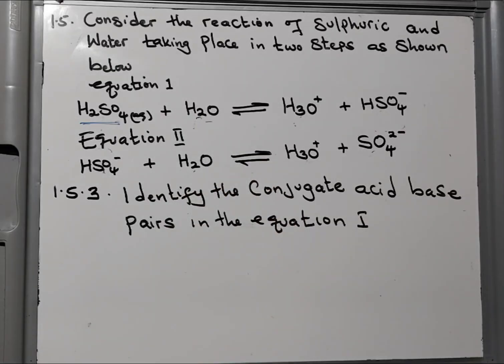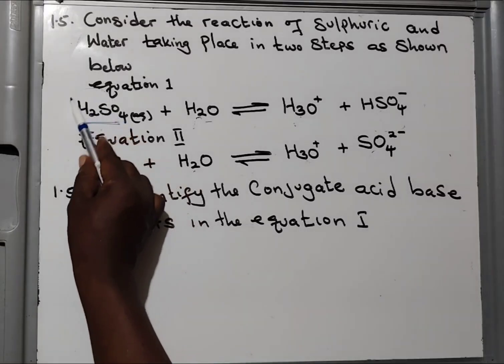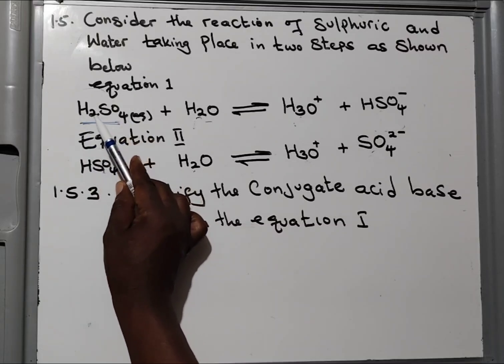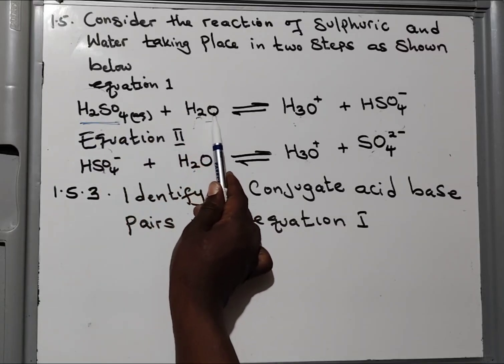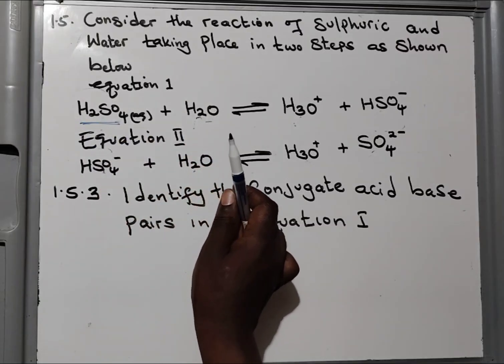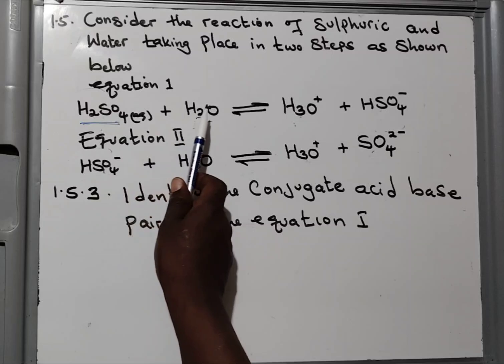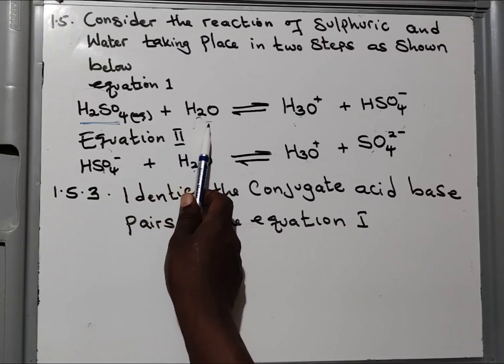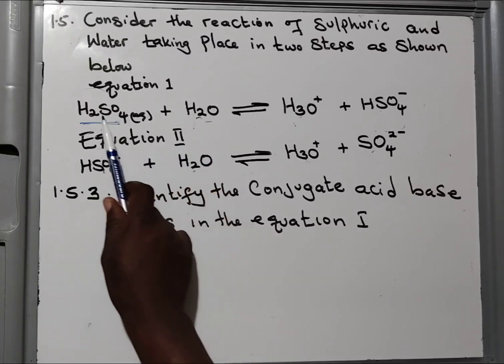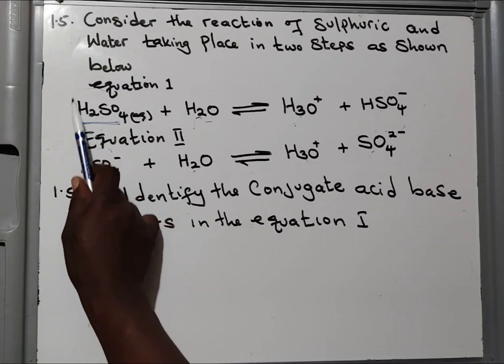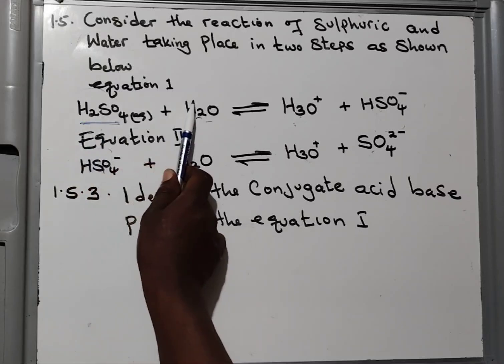To assess this question, you have to use the Lowry-Bronsted idea. Our acid here is donating a proton to the base. Remember, according to Lowry-Bronsted, an acid is a proton donor and a base is a proton acceptor. So this acid donates a proton, one of the hydrogen here, to this one.